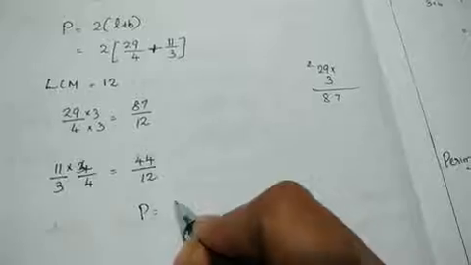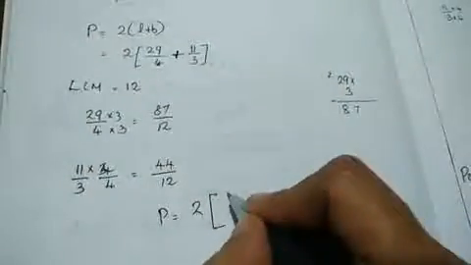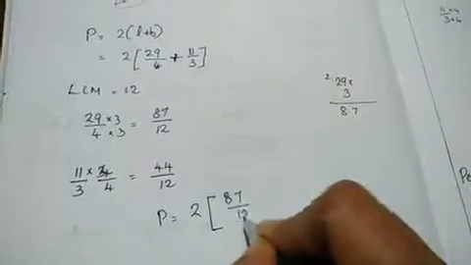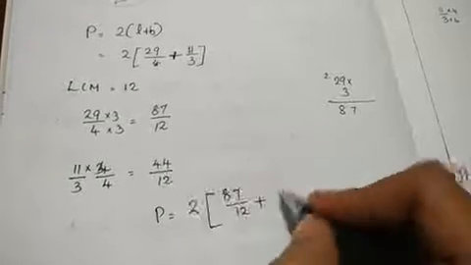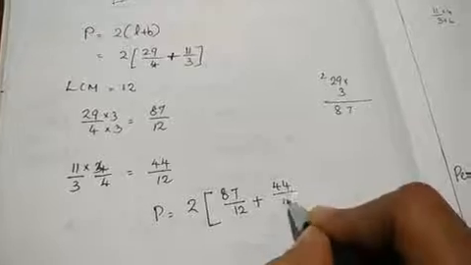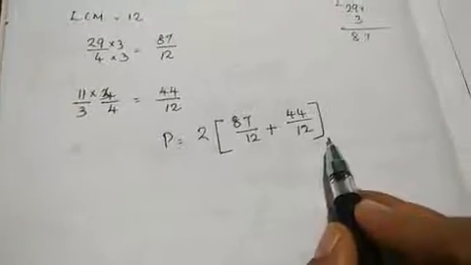Perimeter is equal to 2 into, instead of 29 by 4, we can write 87 by 12 plus 44 by 12. Now can you see denominators are same.